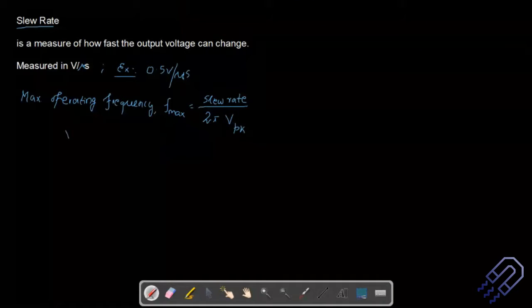And what is V_pk? The output voltage varies, and the maximum output voltage you get is called V_pk, the peak output voltage.